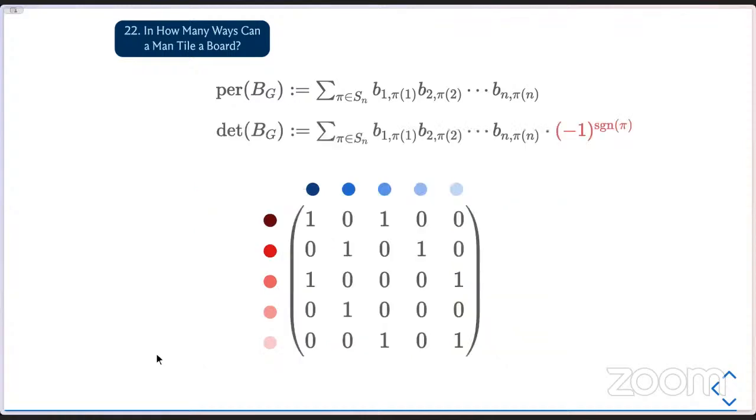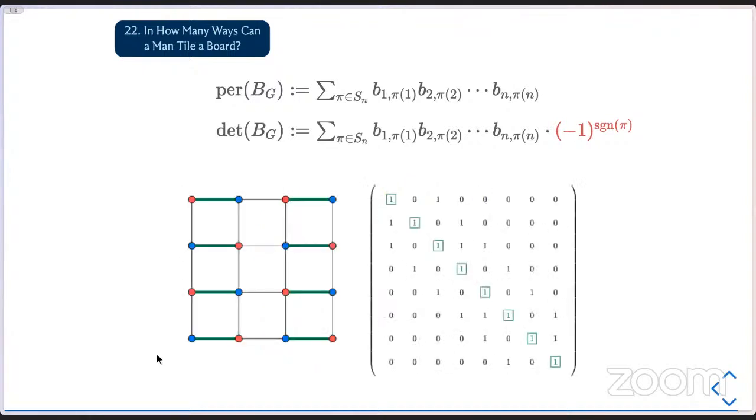Now let's go back to the bipartite adjacency matrix and ask ourselves what's going on. We know that the permanent captures the number of perfect matchings. What about the determinant? Well, it turns out that in this case, we actually are lucky that even the determinant also happens to count the number of perfect matchings.